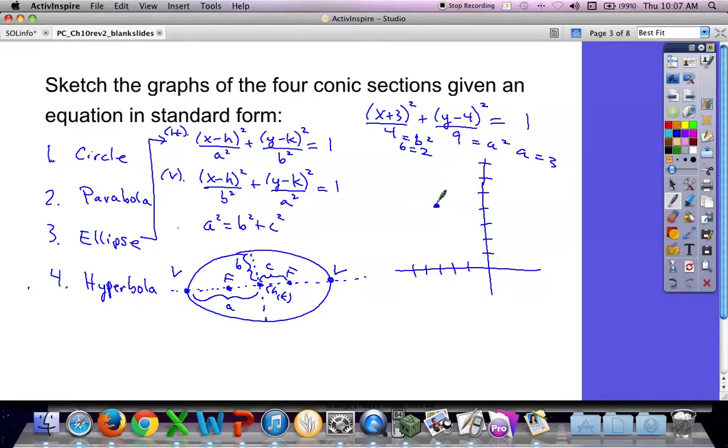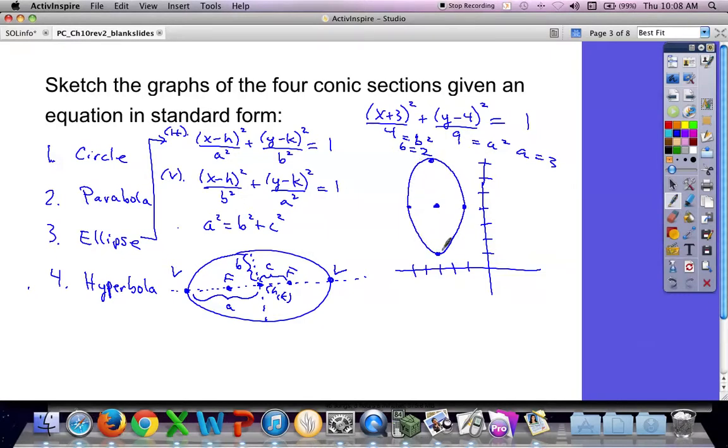So we should go from there up and down 3, right? So up 3 is here, down 3 is here. We should go left 2 and right 2. Is that right? Here. And then that gives me the ellipse.